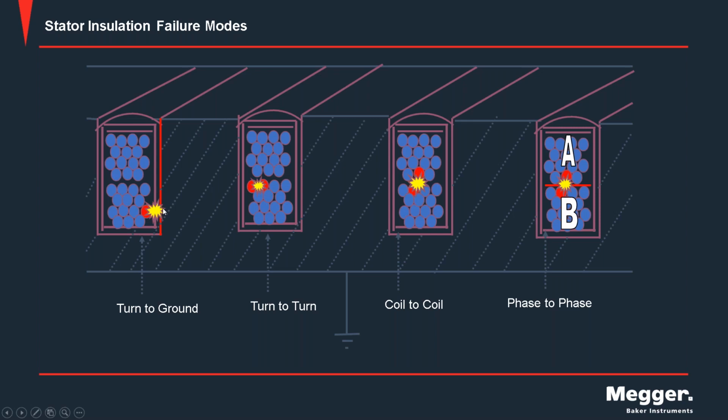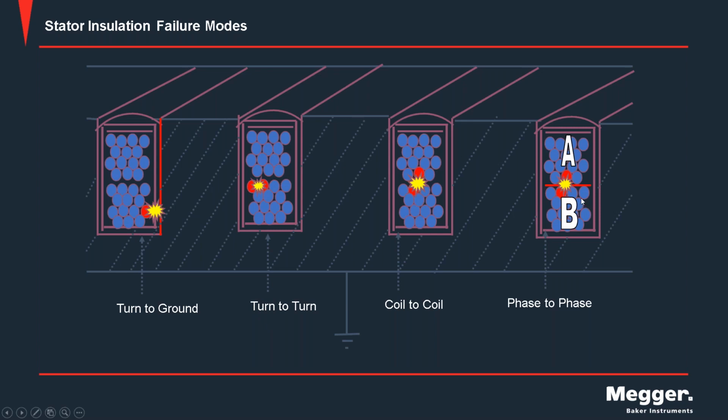So that's what your MEGGER test is going to find. If you do any kind of step voltage testing or high pot testing, that's the insulation barrier that's being evaluated. But again, that 67% of electrical failures will begin as this turn-to-turn insulation failure.